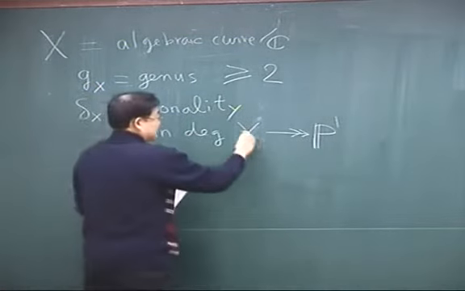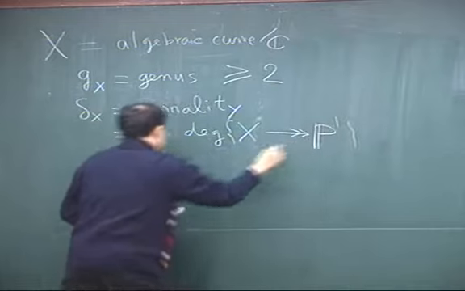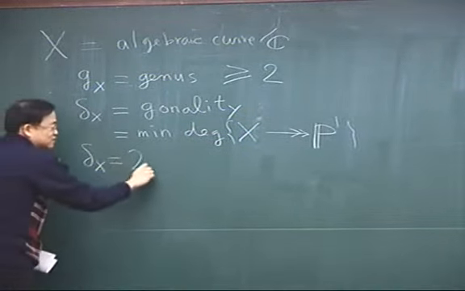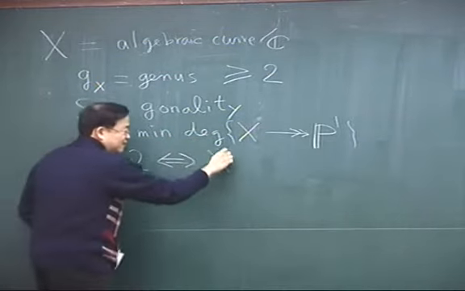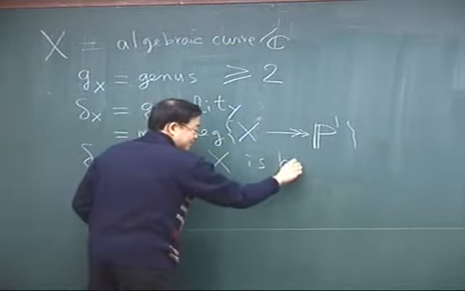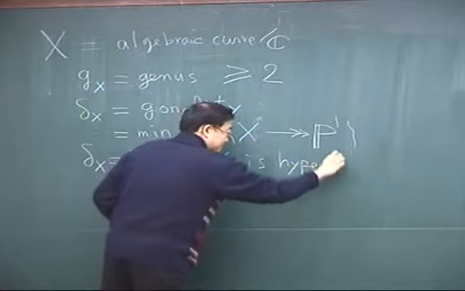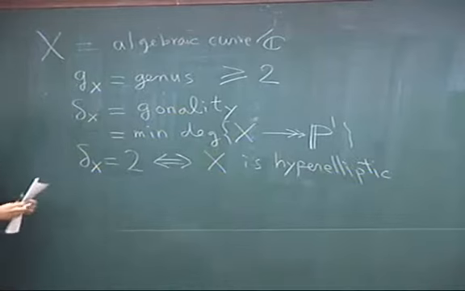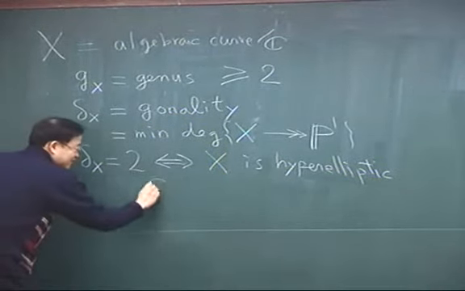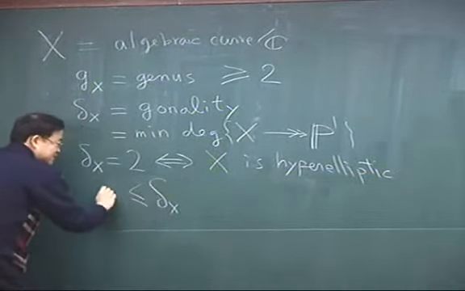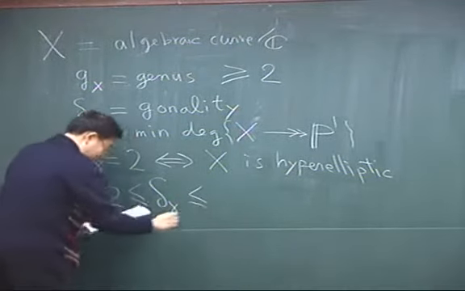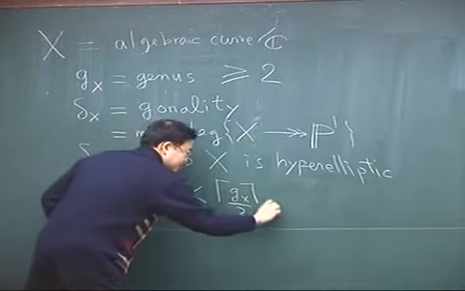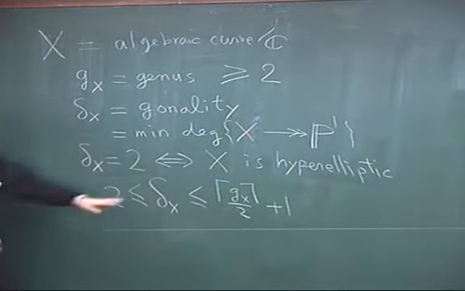Of course, when the gonality is 2, this is equivalent to saying that X is hyperelliptic. And then it is well known that the gonality takes the following values, that is at least 2 and at most about half of the genus.